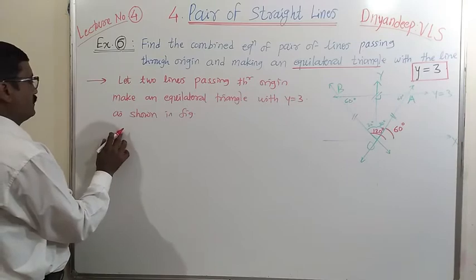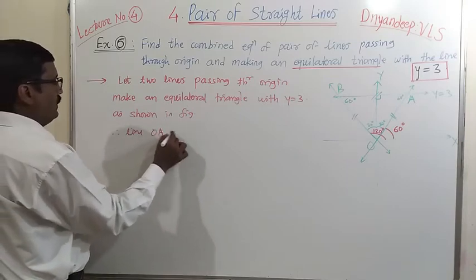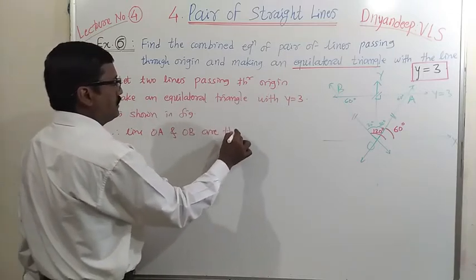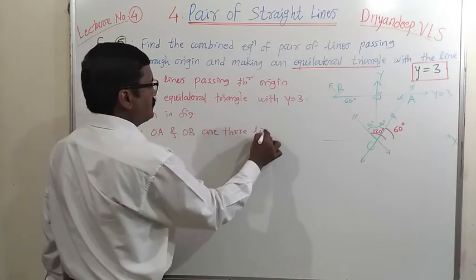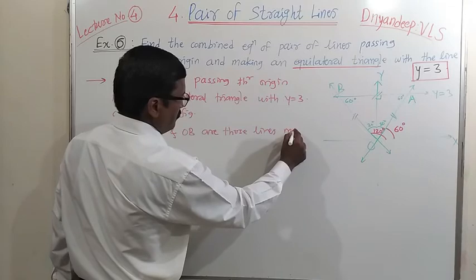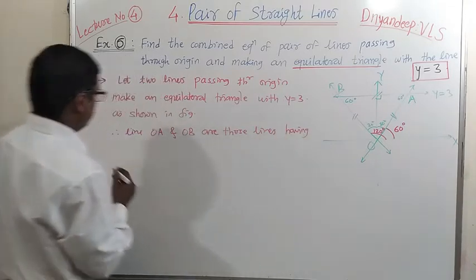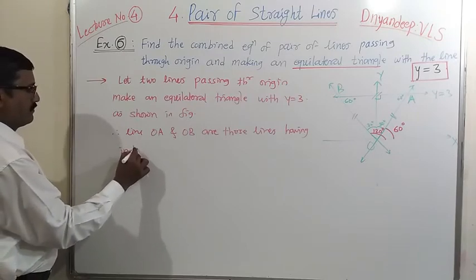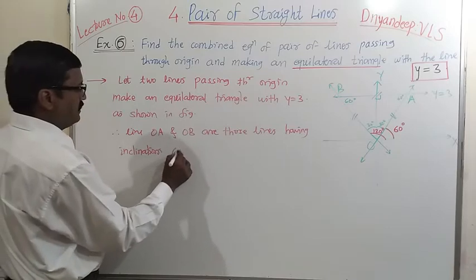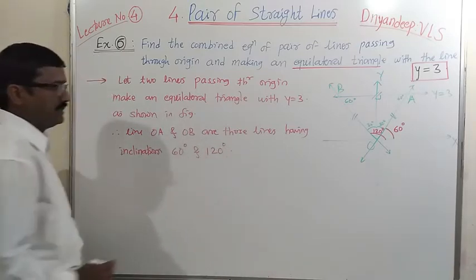Therefore, lines OA and OB are those lines having inclinations 60 degree and 120 degree.